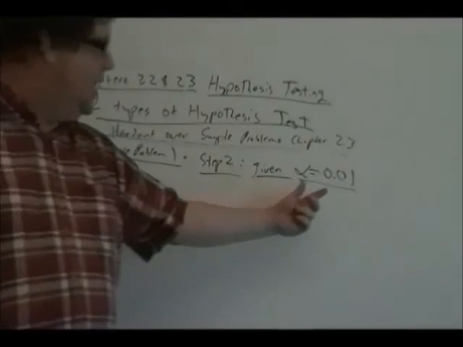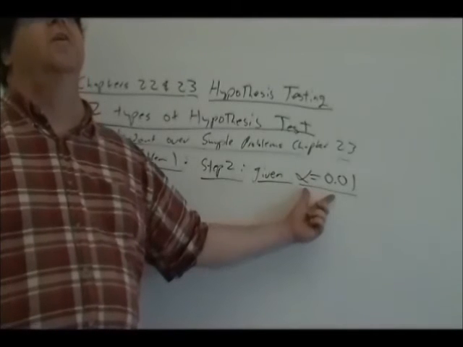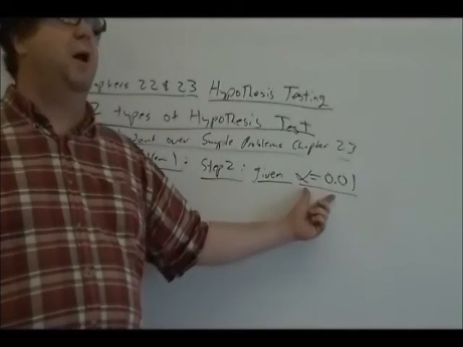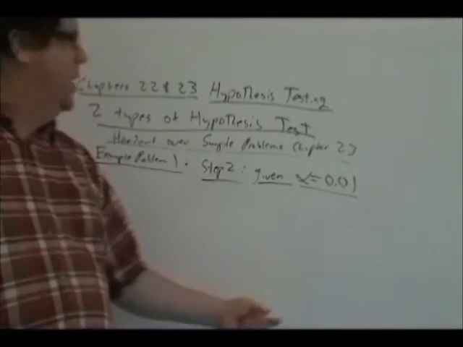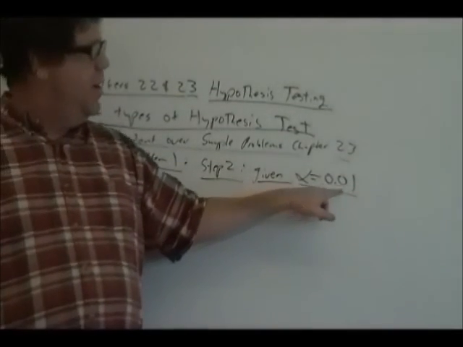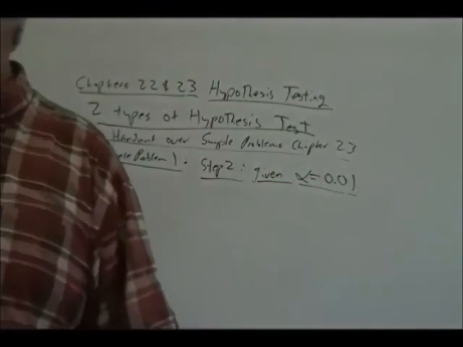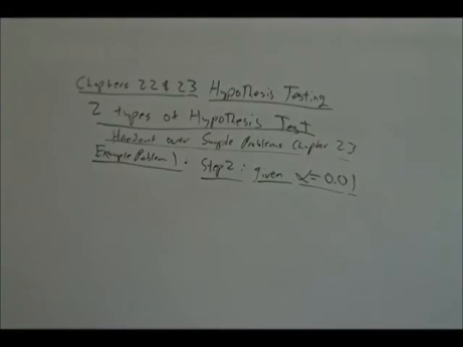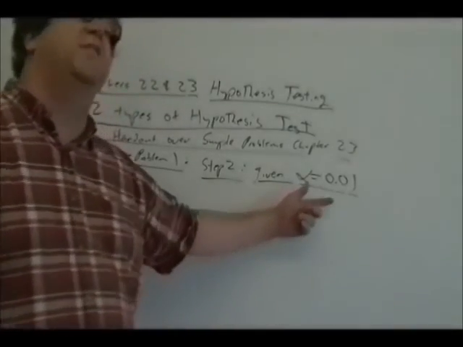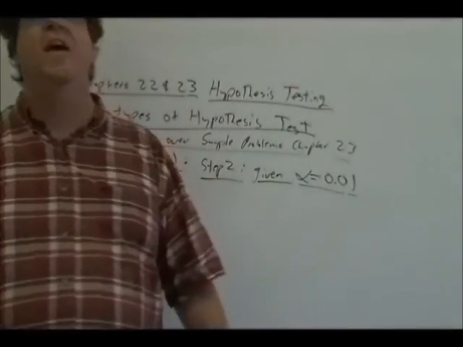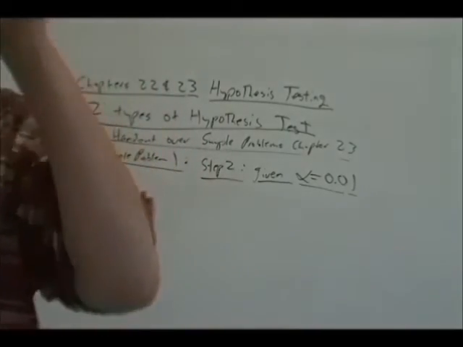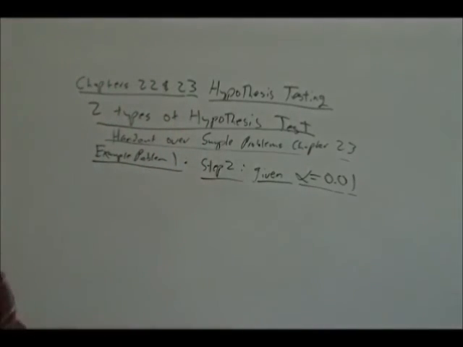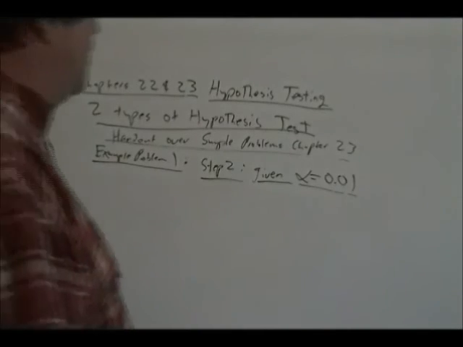This is just like the confidence level that's given in a confidence interval problem from chapters 20 and 21. A significance level of 0.01 is the same as a confidence level of 99%. The only other significance level you're going to see is 0.05, which has the same meaning as confidence level 95% in the chapter 20 and 21 problems.